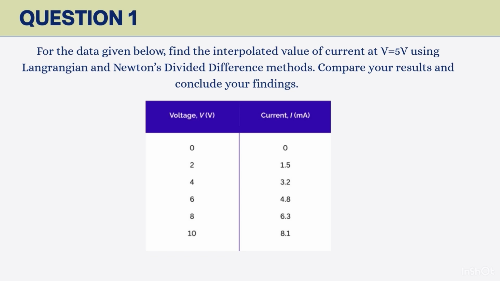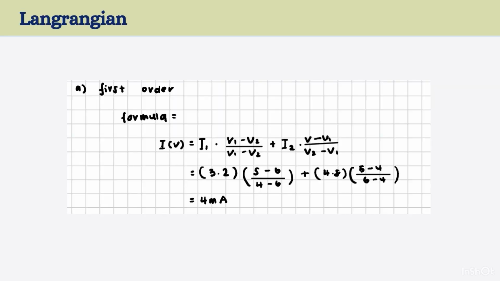So for the Lagrangian, here is the first order, which we can use the formula, which is here. This is the formula, and then we can assume V1 as 5, V2 is 6, and put in the numbers, and we got 4 milliampere.